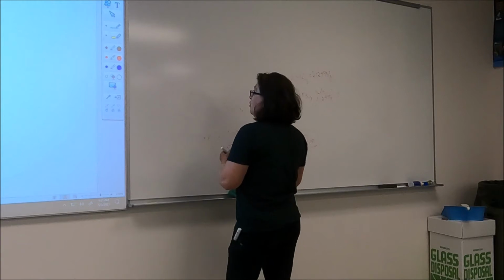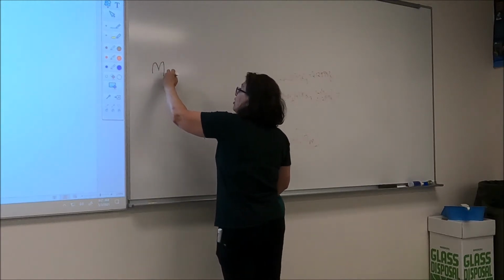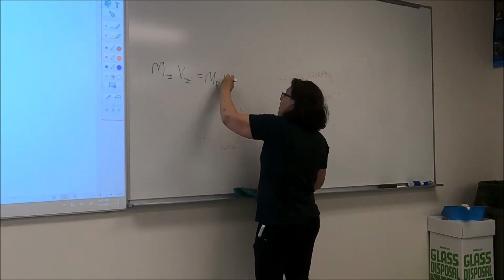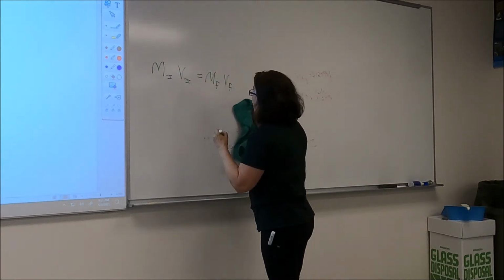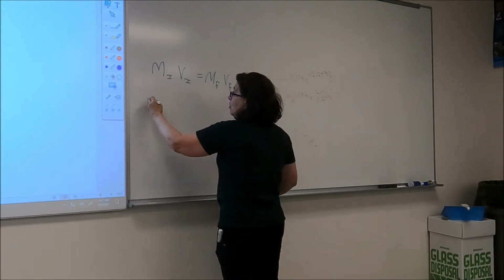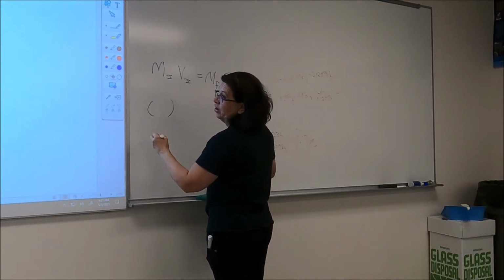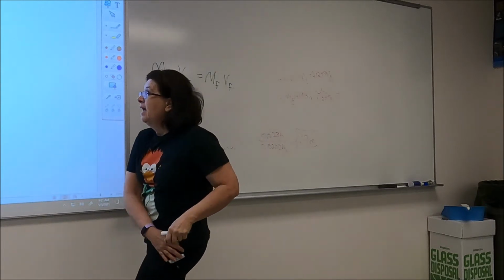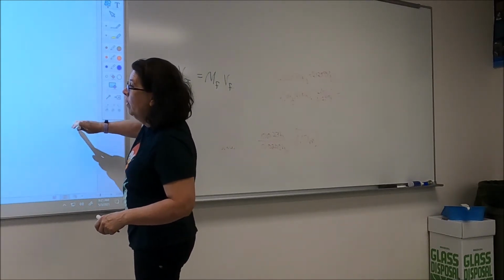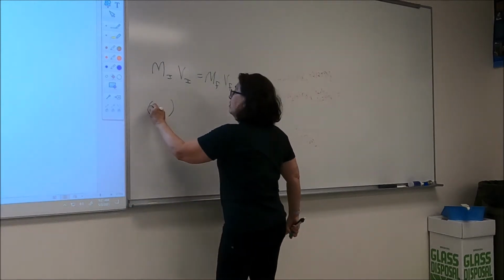Now, dilution means we take molarity of the initial solution times volume of the initial solution, which has to equal molarity final times volume final. Your molarity of your initial solution is the molarity of the iodide solution, and the iodide solution was 0.300 molar.